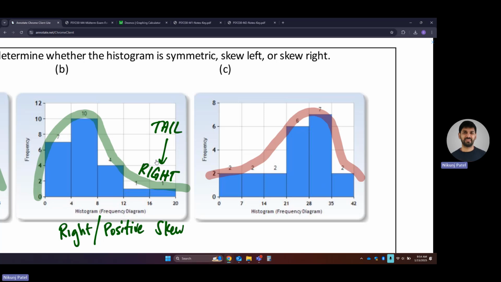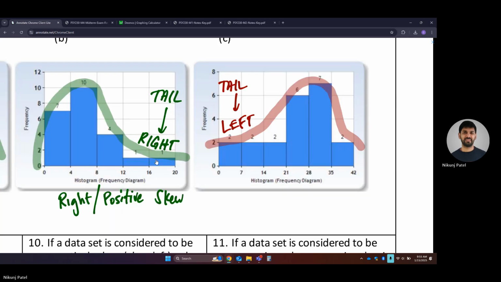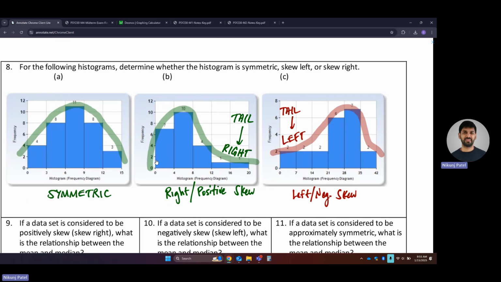In that case, the tail is where we want to look, which is on the left side. So there's the tail on the left. So this is a left or negative skew. There are the different types of skews.